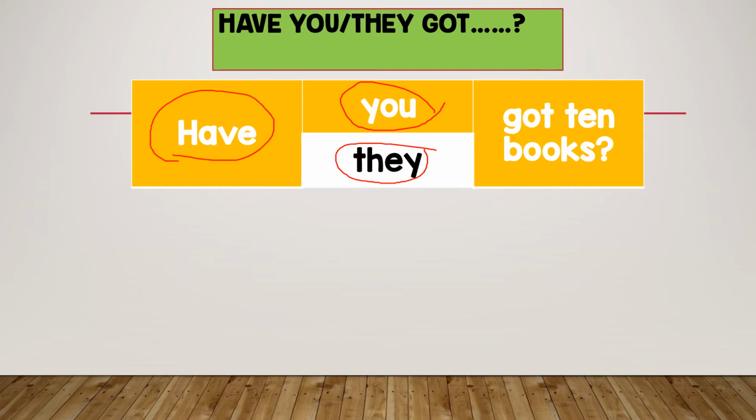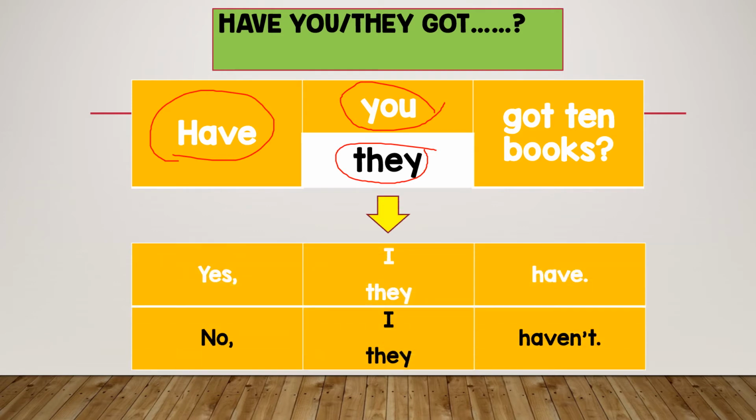So, the sample questions can be: have you got 10 books? Or have they got 10 books? And how should you answer? If the answer is yes, yes I have. Yes I have is for the question with you. Have you got 10 books?